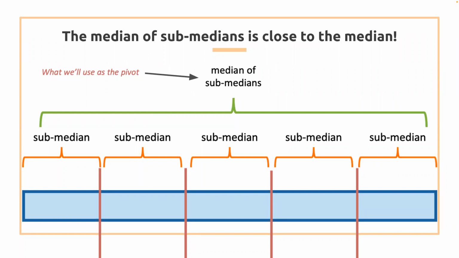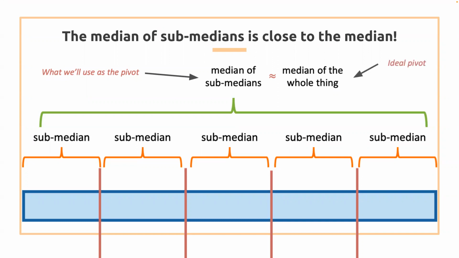The part you need to be convinced of is that if I do this process, the median of these values is going to be pretty close to the median of the whole thing. We argued before that we don't need the exact median, we need something that's close. This is a process to get something that's close, and we're going to need to convince ourselves that it does actually give you a number that is pretty close.